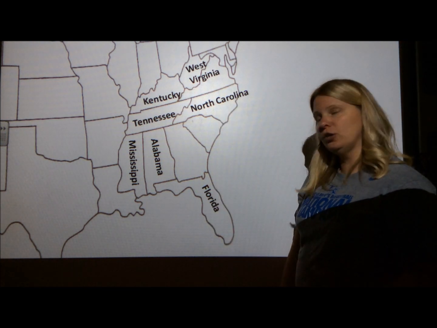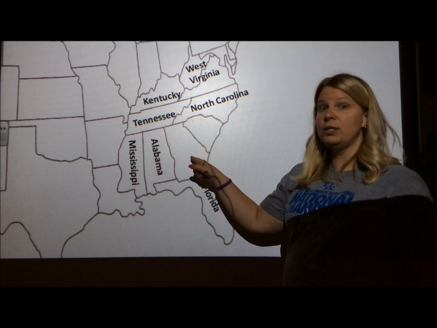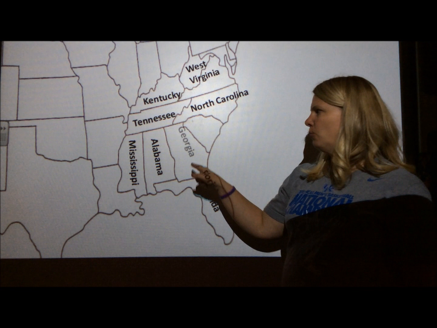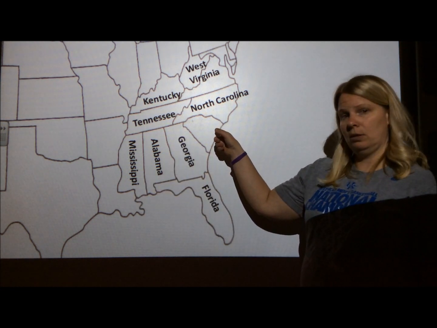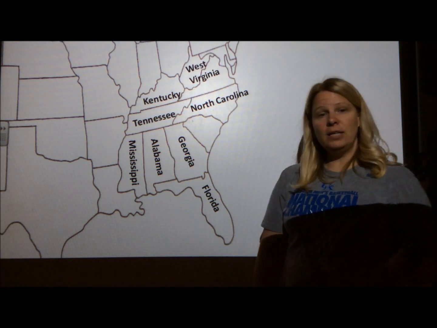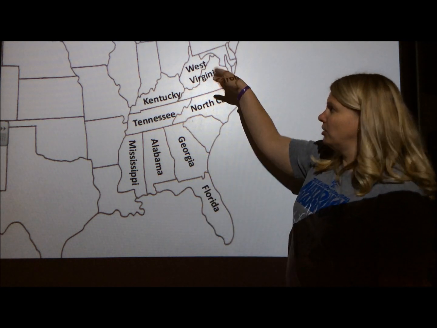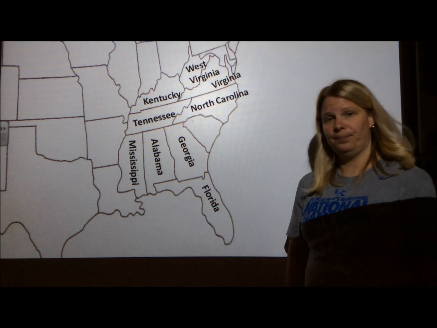The next one is Georgia. Remember our little saying, Little Miss Alabama goes, you're right, there's your Georgia, okay? Little Miss Alabama goes south. So, the next one we're going to label is Virginia, and I've already kind of showed you where that is, but this right here is Virginia.